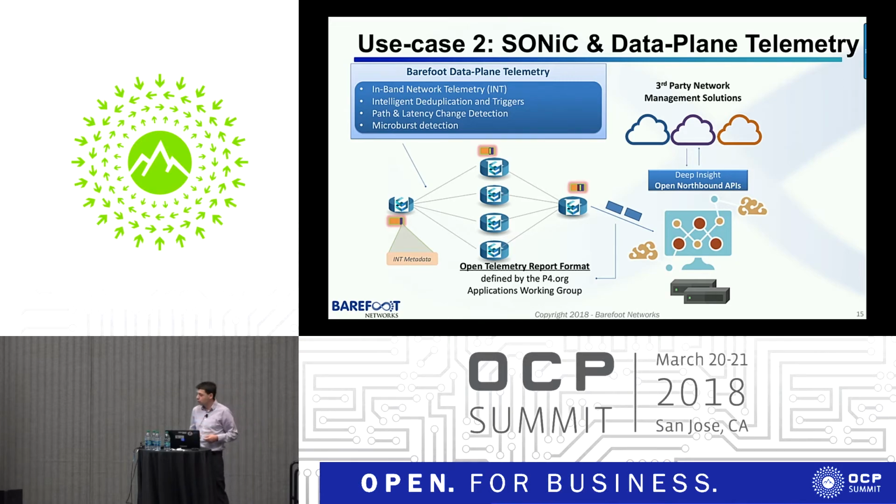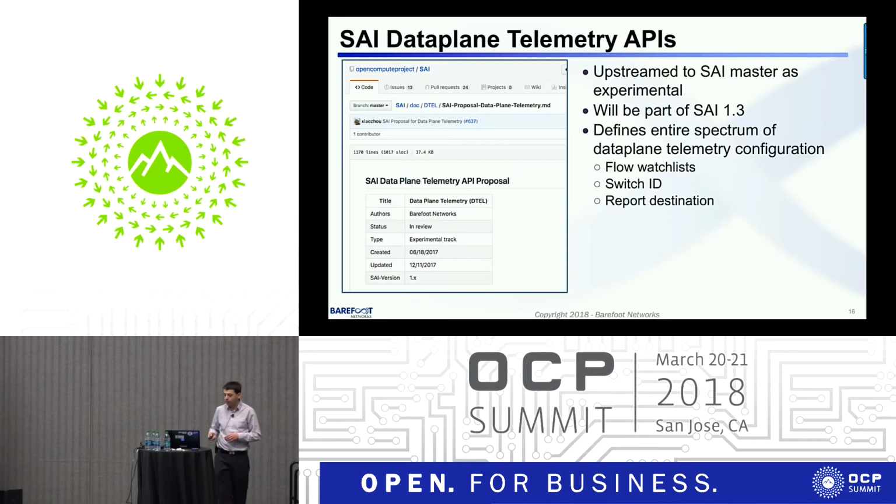And supporting features like path and latency tracking, microburst detection, things like that. So we've done some deployments where all the SONiC switches were running there, and there's actually a demo on the show floor that's doing in-band network telemetry with SONiC based on the SAI APIs that we've contributed to configure the Dataplane Telemetry. Okay?